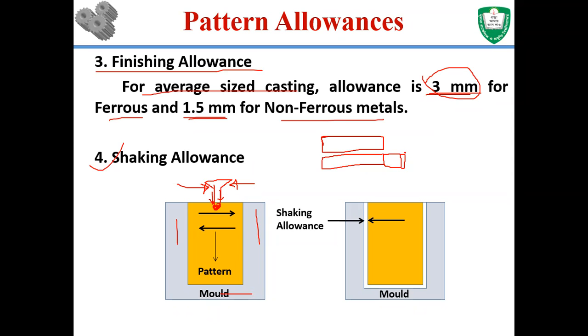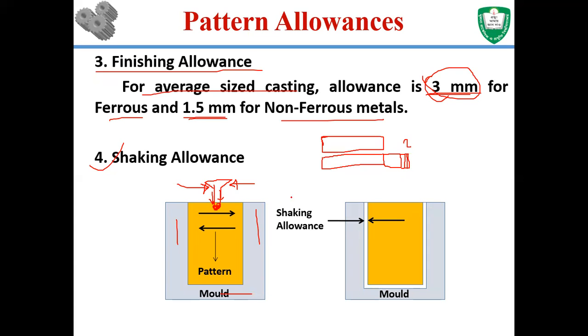And for finishing allowance, you increase the size of the pattern a little bit, 3 millimeter for ferrous material. And for shaking allowance, 1 millimeter, in this case you need to decrease the size. That means if you want to provide the finishing allowance of 3 millimeter, then instead of 3 millimeter you provide a little bit less, that means 2 millimeter, because 1 millimeter is gone for shaking allowance.